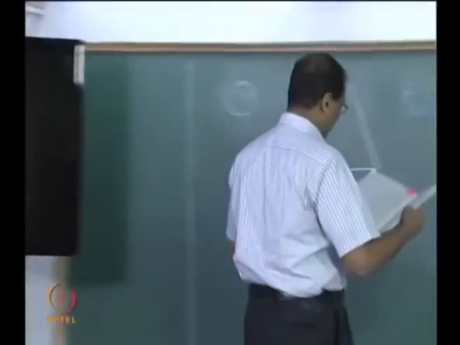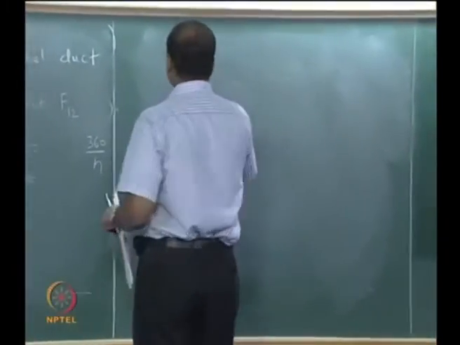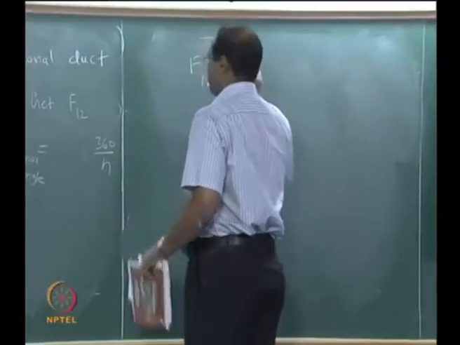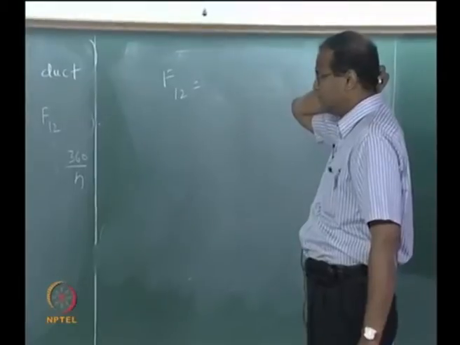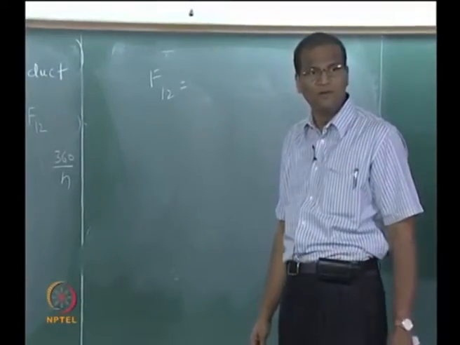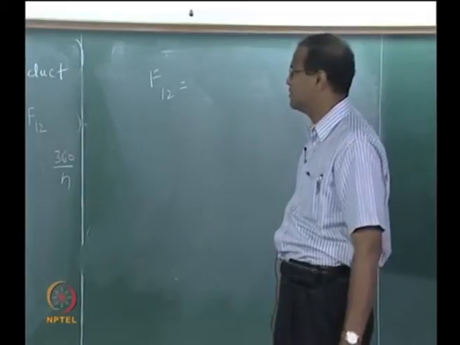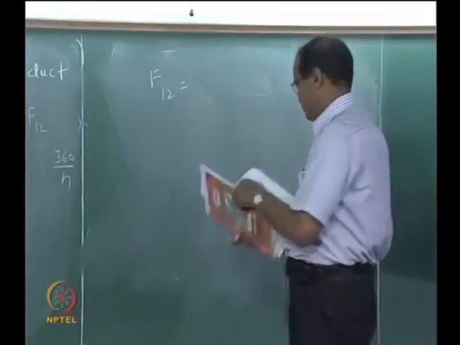Now we will have to, F12 is equal to. So what is F12? How did he start out this problem? F12 equal to, or did he say F12 plus, what did I write?